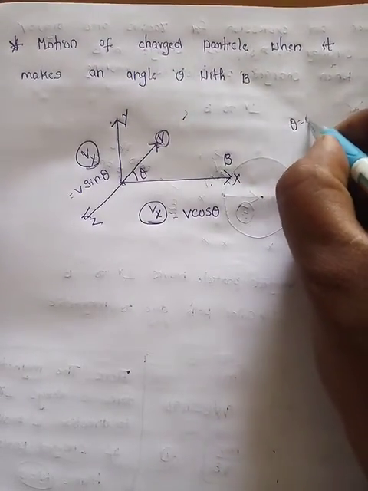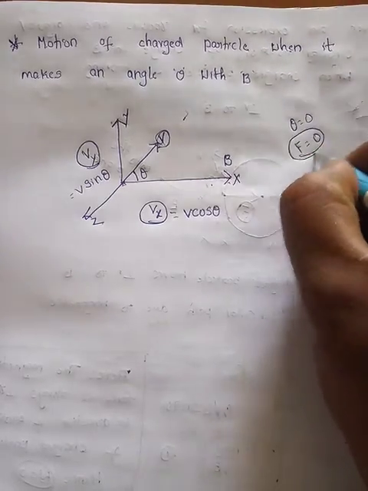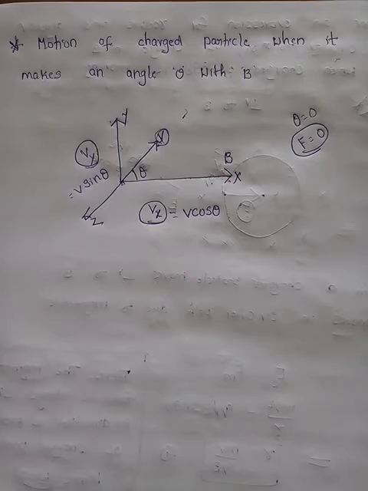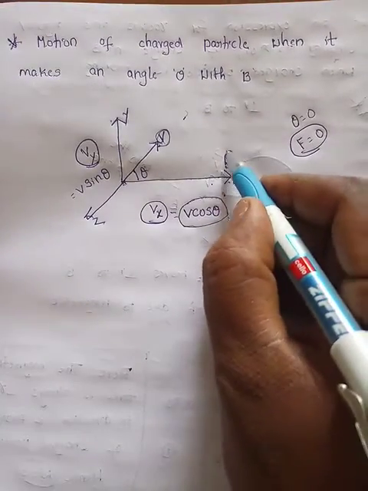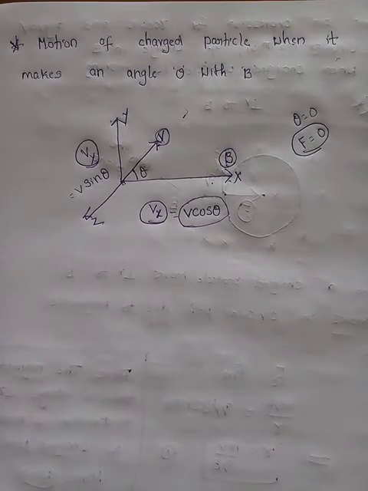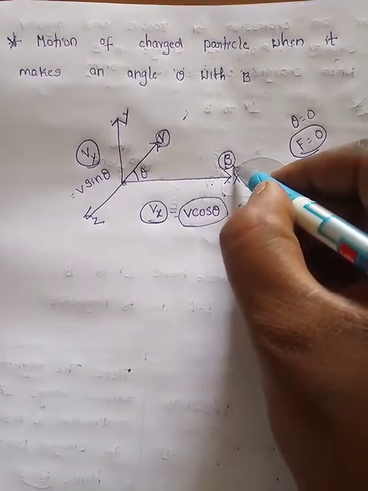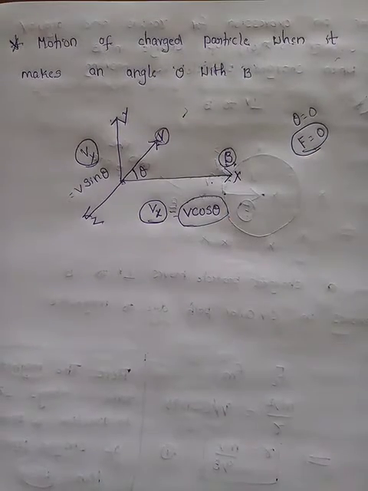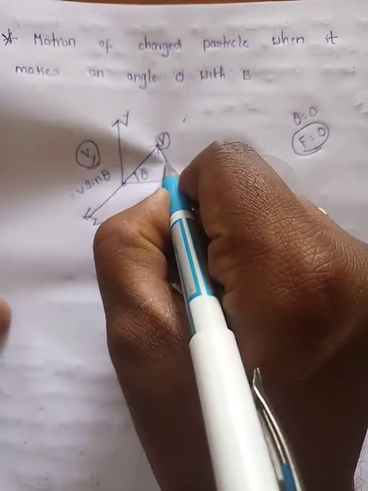As we already cleared, when theta is equal to 0, the magnetic force is 0, meaning it moves along a straight line. So the v cos theta component, which is parallel to B, has no effect of the magnetic field. The force is 0, so it moves along a straight line.